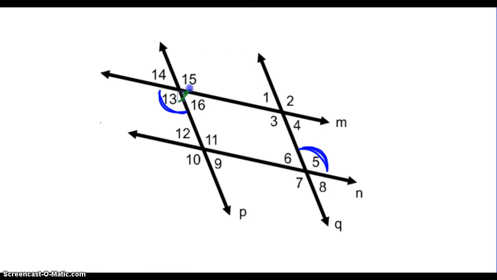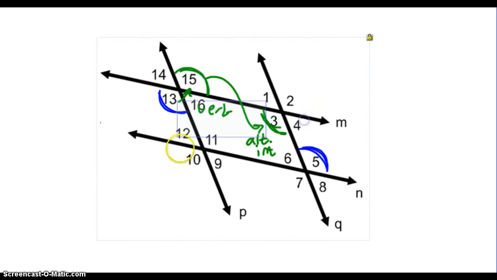You could have said 13 is congruent to 15 because they're vertical angles. Then 15 is congruent to 3 because they're alternate interior angles. Then you could have said that 3 is congruent to 2 because they're vertical angles again. And then 2 is congruent to 5 because they're corresponding angles. So any number of steps is fine as long as there's a logical progression from 13 to 5.